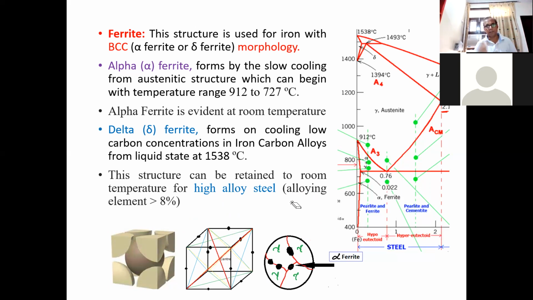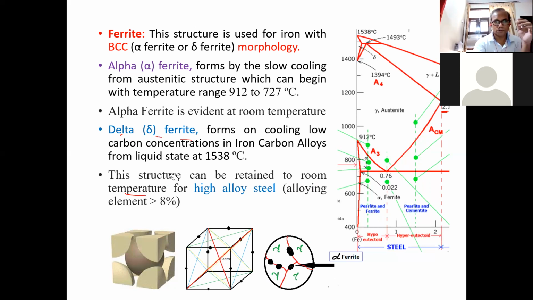Once iron has that much alloying element, it is called high alloy steel. If iron has alloying elements in a percentage of more than 8, then it is high alloy steel, and it can have the delta ferrite microstructure at room temperature.